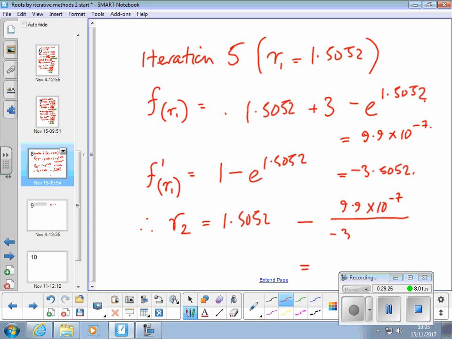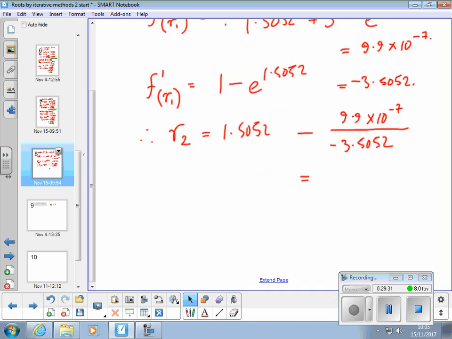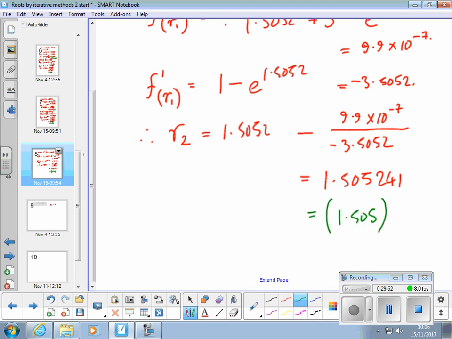And this is minus 3.5052, which gives R2 of 1.505. I got 241. So it was only that last digit that changed, which rounds to 1.505 to 3 dp. So twice.